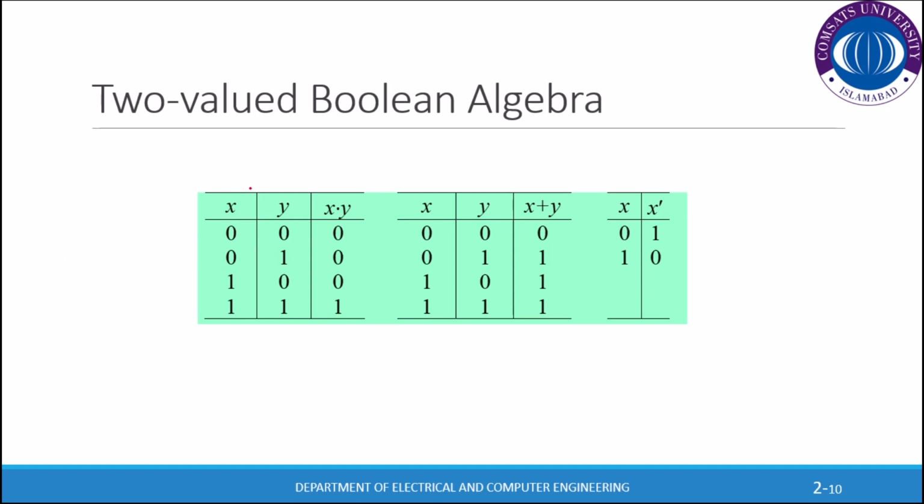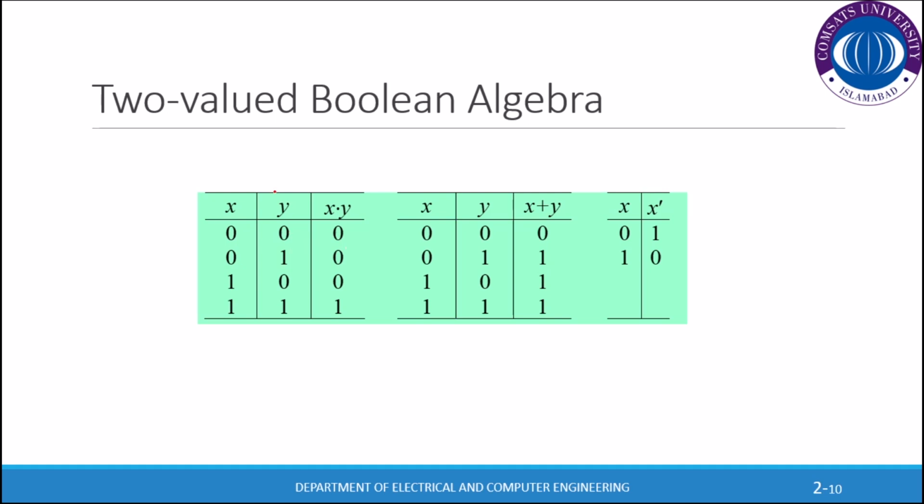So this is a truth table. We saw this in the last lecture, last chapter also. A truth table is a table in which we see all the combinations of inputs, and against all the combinations of the input we calculate and write the output.